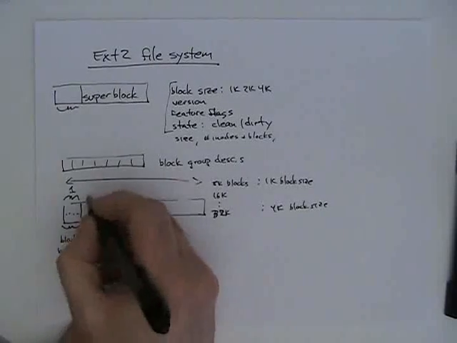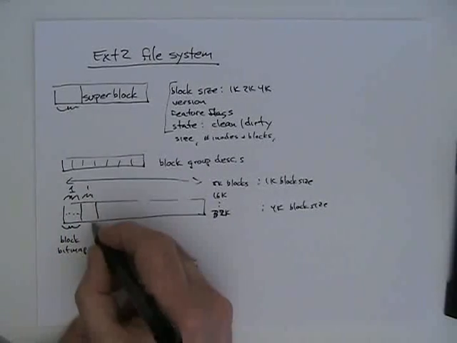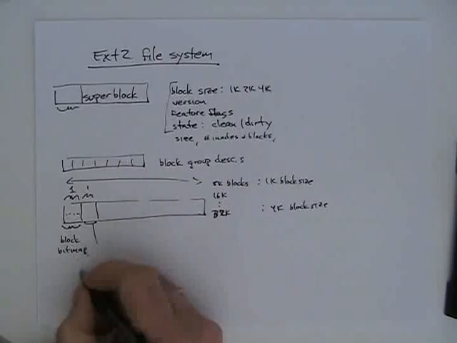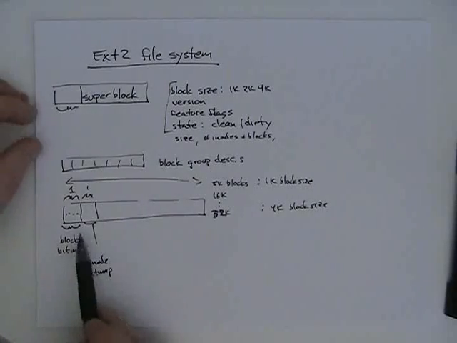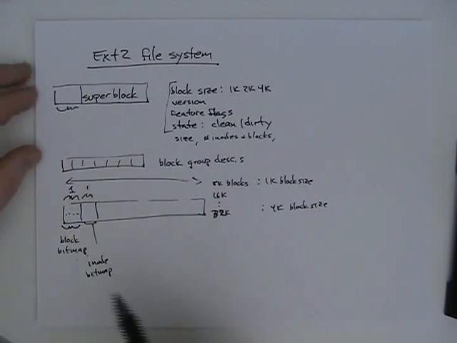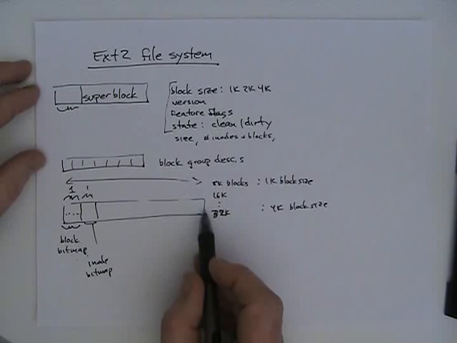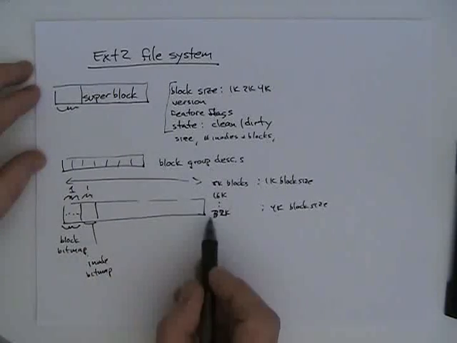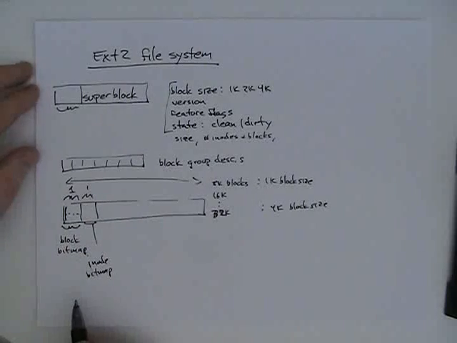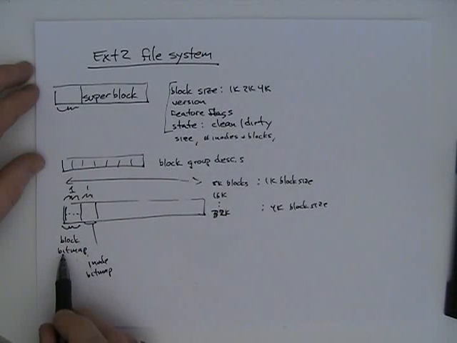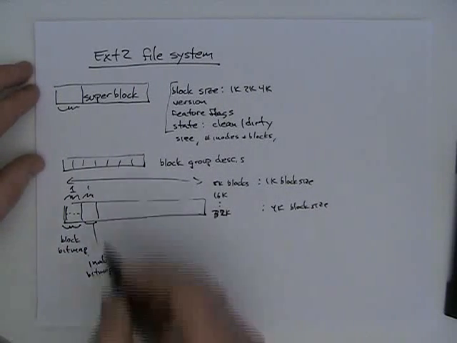Then there's another block that's the inode bitmap. Now, you'll notice that we've already used up the first two blocks in this group, so we're going to have to flag them in the block bitmap. They're never going to be available for allocation.